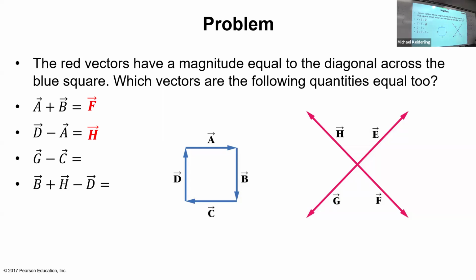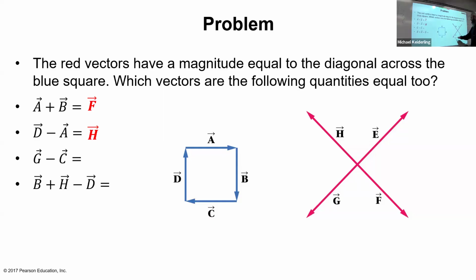We have G minus C. What would that be? Yep. So G, then we have minus C, which is going this way.